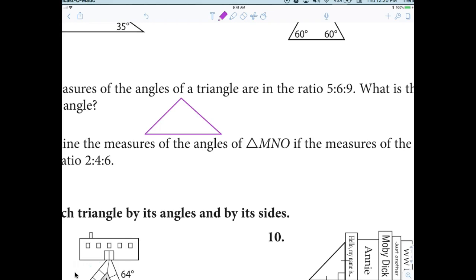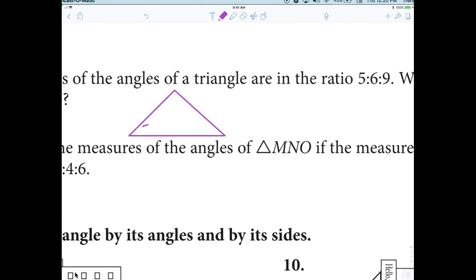Now, this would be hard. All right, but if it's in a ratio, I want you to think of it as 5x, 6x, and 9x. If there is a ratio, you need to add an x to it. So you're saying it's in the ratio of 5x, 6x, and 9x. And now somebody tell me how I'm going to figure out what x is.